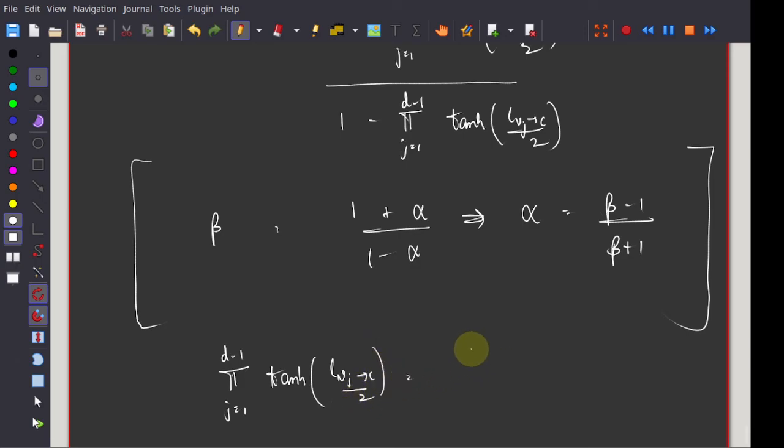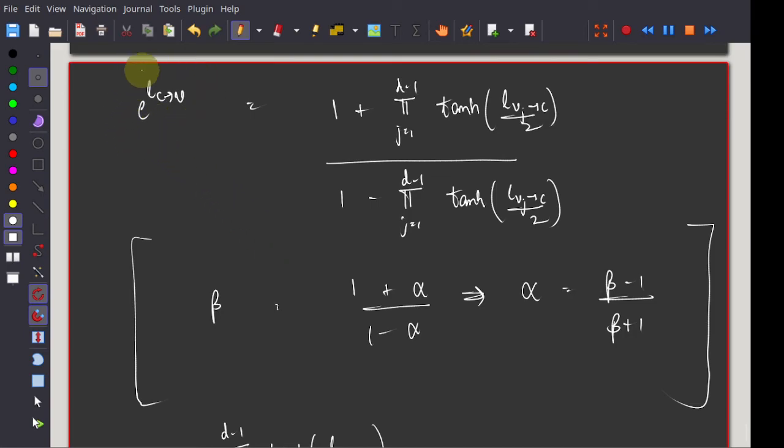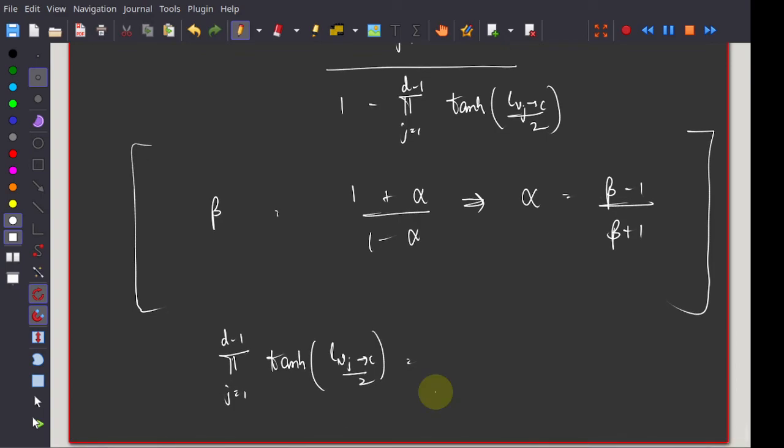This is equal to (beta minus 1) by (beta plus 1), where beta is basically equal to e raised to L, right? (e^L minus 1) divided by (e^L plus 1).